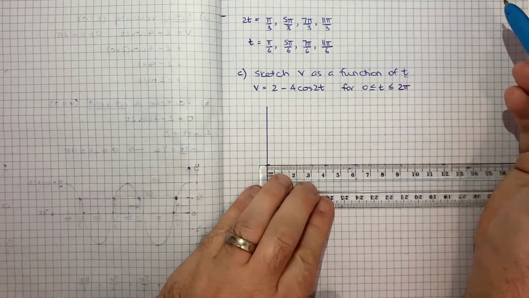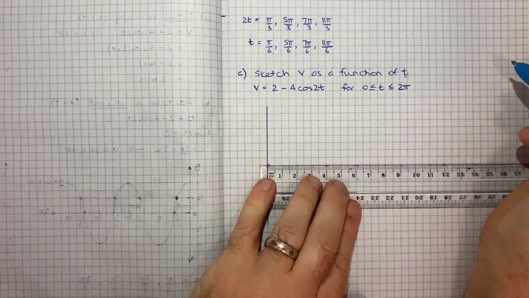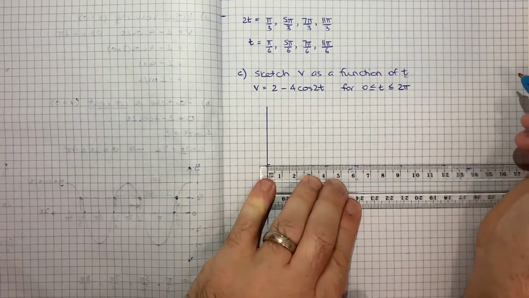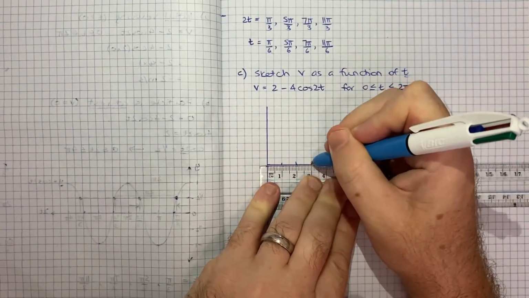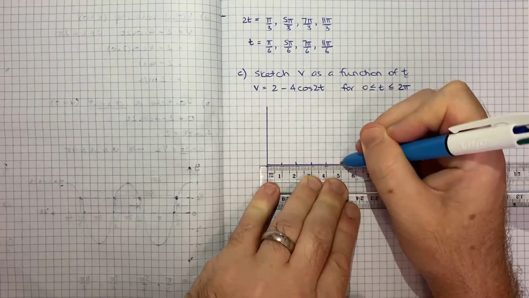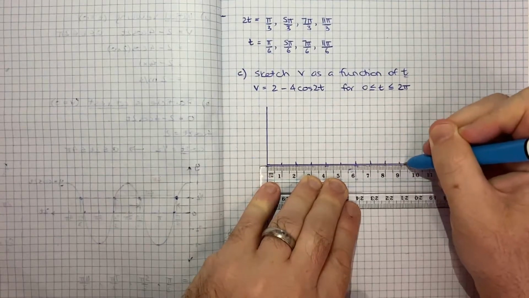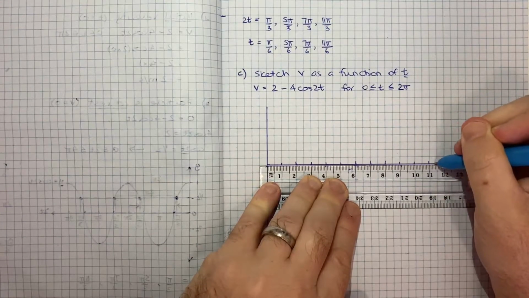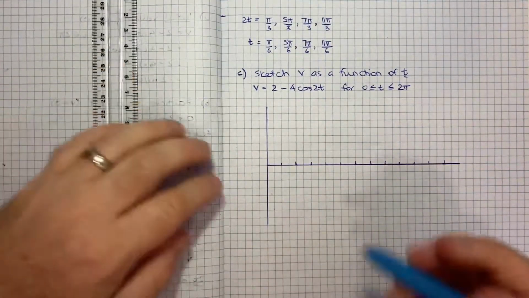I might just get between 0 and 2 pi by moving up in pi on 6. So we'll go pi on 6, 2 pi on 6, 3 pi on 6, 4 pi on 6, 5 pi on 6, 6 pi on 6, 7, 8, 9, 10, 11, and then 12 pi on 6 gets us to 2 pi. So that's as far as we need to go.